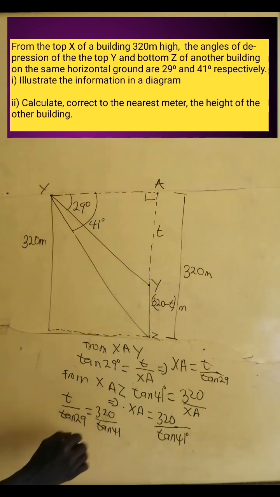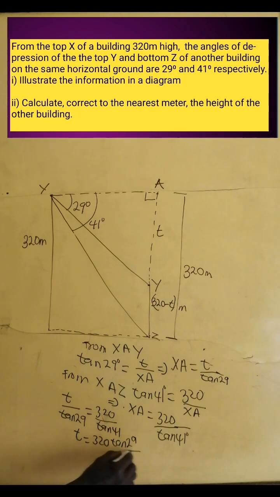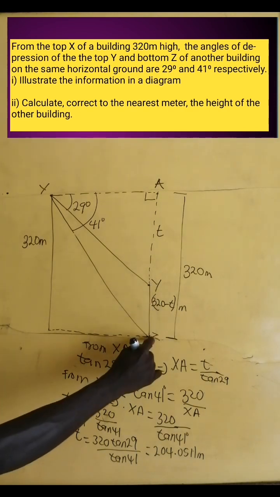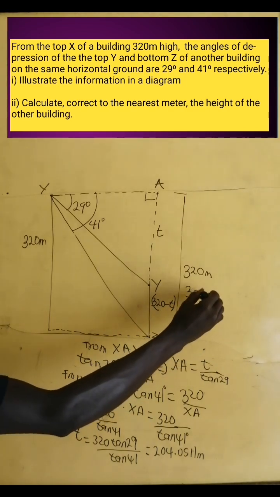Now, we multiply 320 divided by tangent of 41 by tangent of 29 to get T. Now, this gives T to be equal to 204.0511 meters.